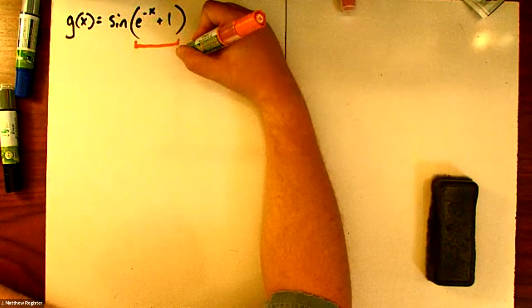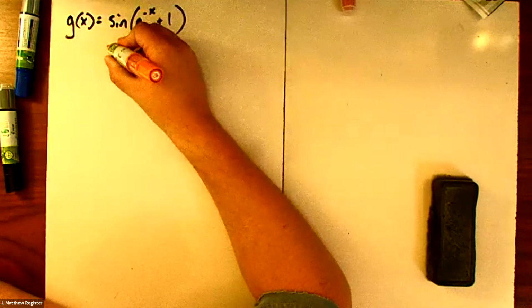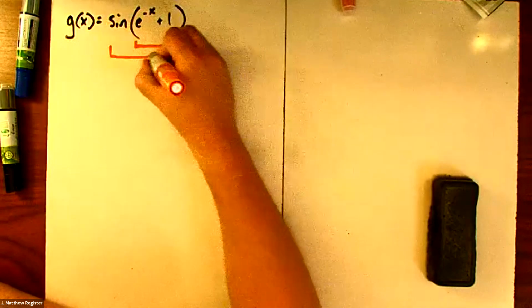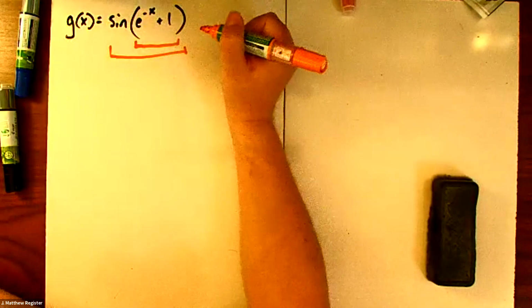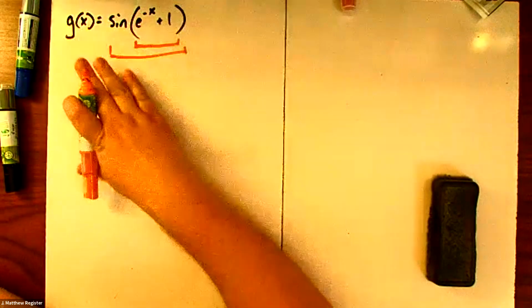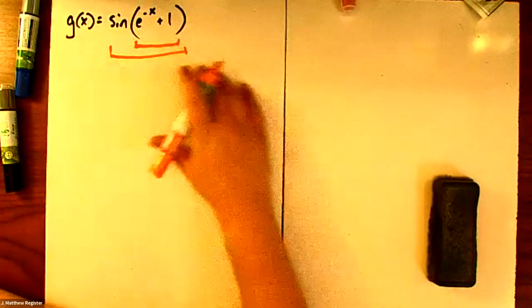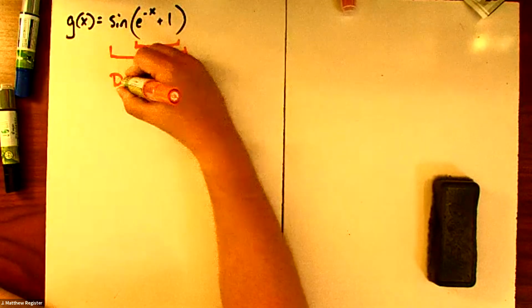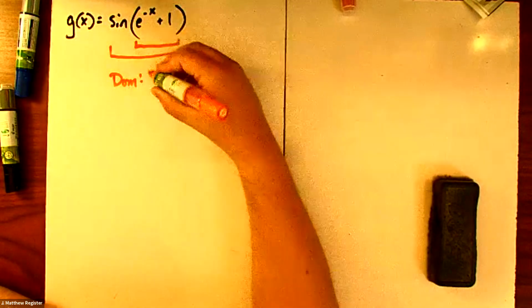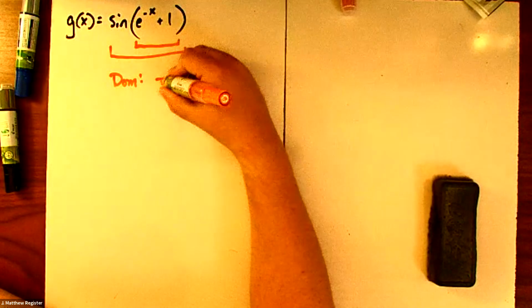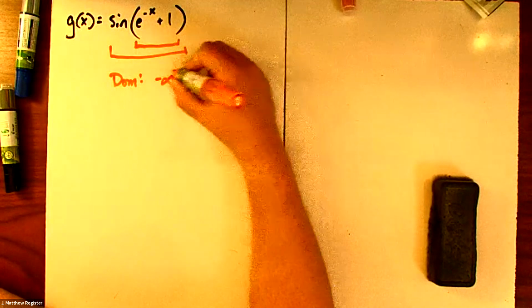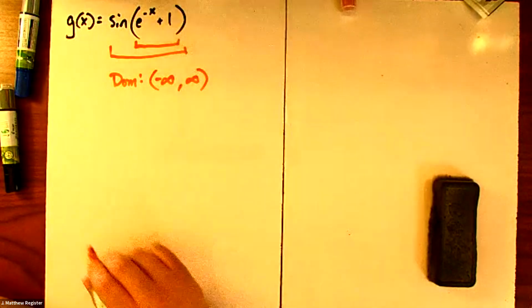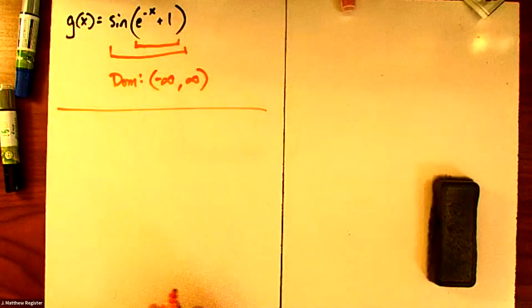And so that works fine. And then we can take the sine of any of those numbers, and so that's also not an issue. And so there's absolutely no place where this function is undefined. So in this case, the domain is going to be all real numbers, everything from negative infinity to positive infinity.